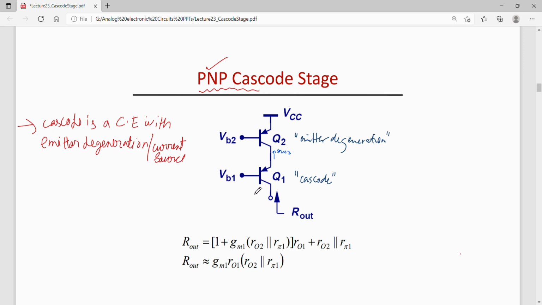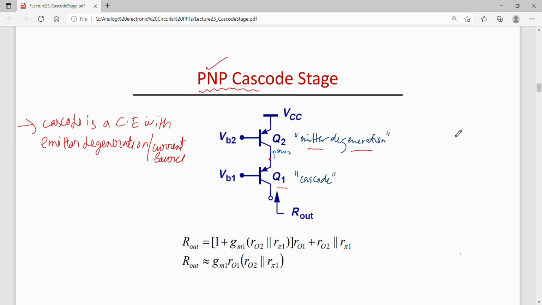Here Q1 is acting as a common emitter configuration, and Q2 is acting as the emitter degeneration transistor.